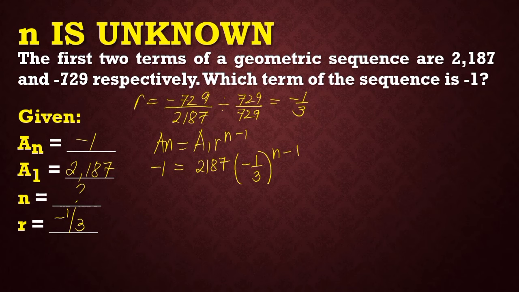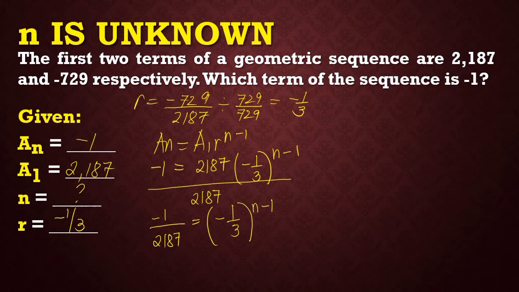Okay, now, we divide the whole equation by 2,187. And then, negative 1 over 2,187 is equal to negative 1/3 raised to n minus 1. Now, kailangan natin ma-express ang negative 1 over 2,187 sa base na negative 1/3.